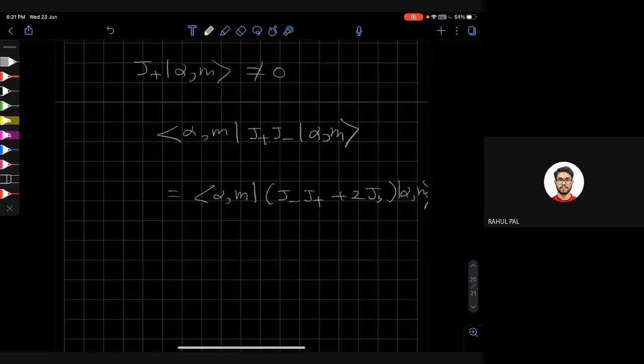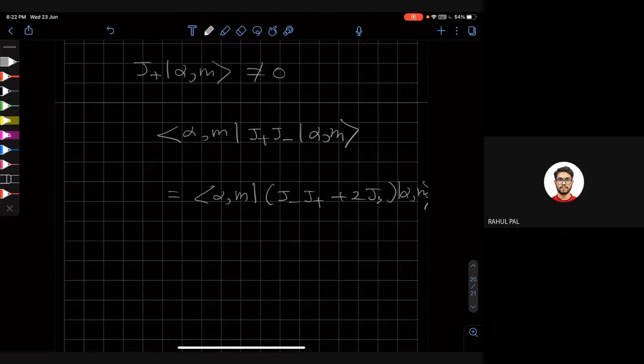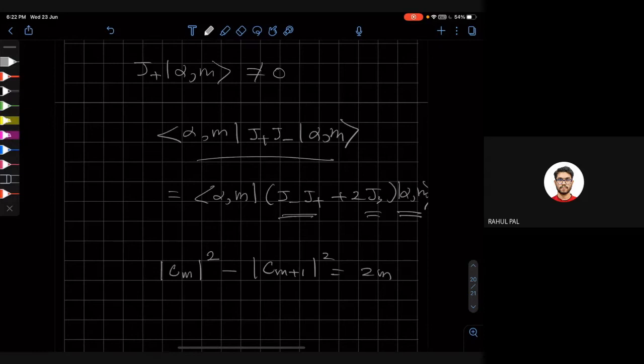If I use my assumptions about this being an eigenvector of J3 and the definition of the C's, then I'm going to get another C here and C here. So in the end, when the dust settles, after a couple of lines of algebra, I get an equation which is a recursion relationship for the C's.